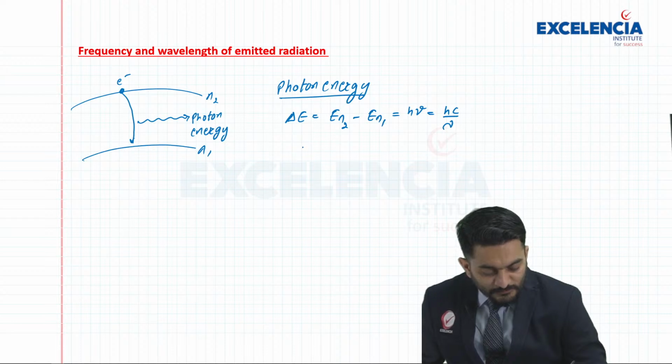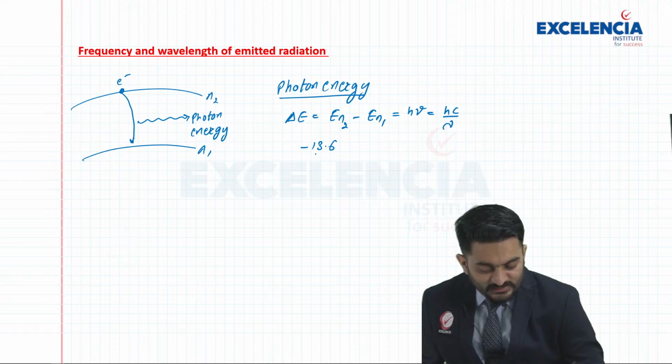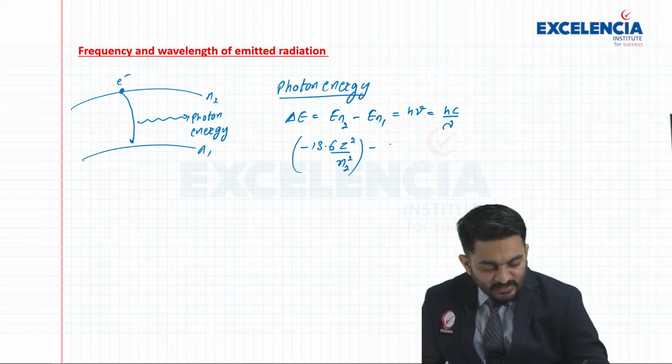In that case, this energy you can write as minus 13.6 Z square over n2 square, then I am writing minus 13.6 Z square over n1 square. You already have a minus sign and this is also minus, so it will become plus, equated to hc over lambda.